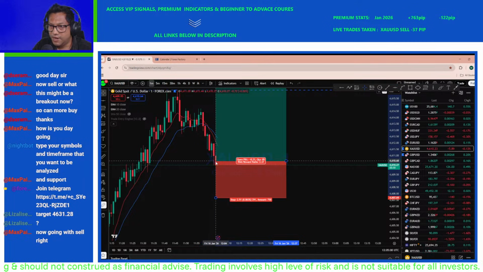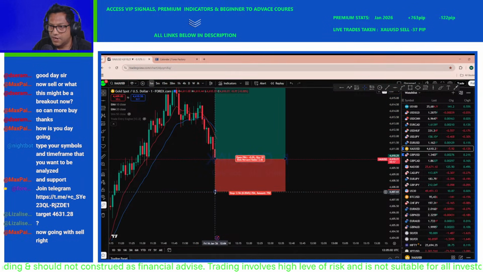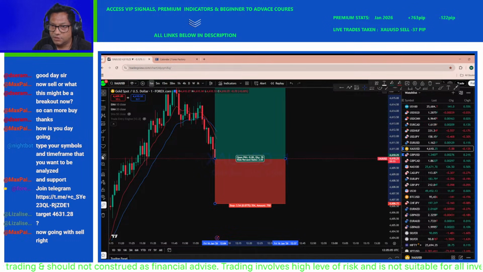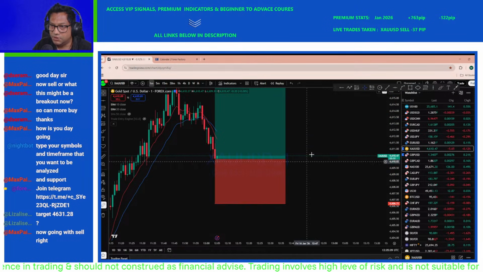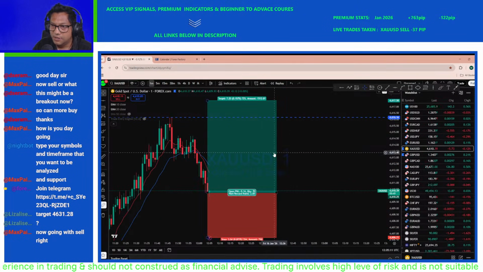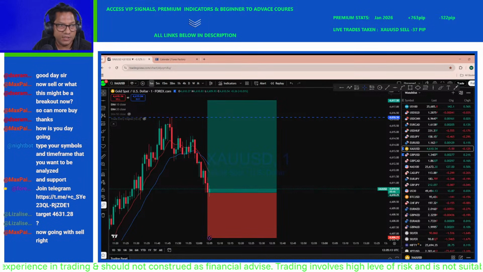I would like to keep that very tight here, as the market has tested the 5 minute 20 EMA. So it will be a 35 pip stop loss, and I am opening a buy again in that area.